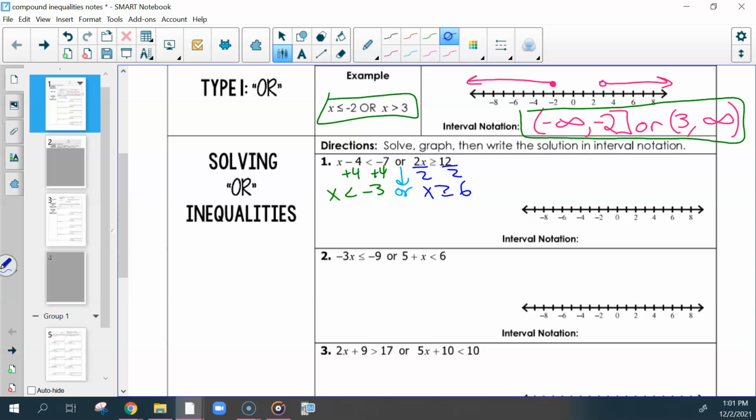This one would be an open circle at negative 3, going to the left. This one would be a closed circle at 6, going to the right.